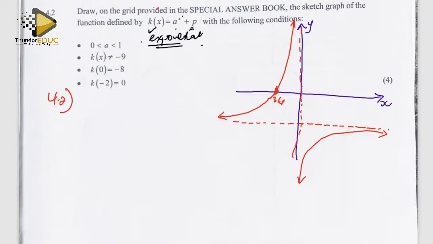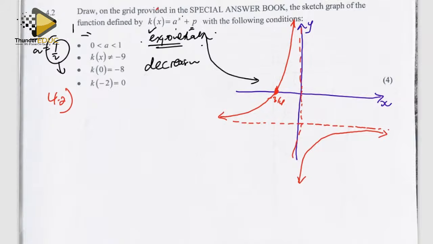Okay, this is an exponential graph, whereby our a is between 0 and 1. So what does this tell us? Simply tells us that this a is a fraction. And for as long as a is a fraction, the graph is decreasing. It must be in this sort of format.